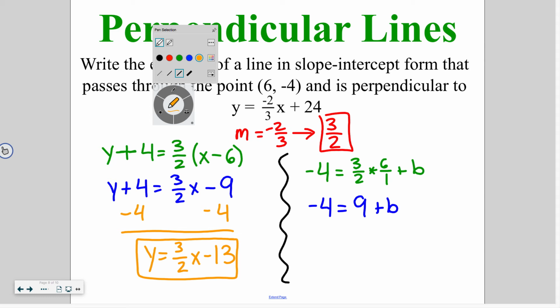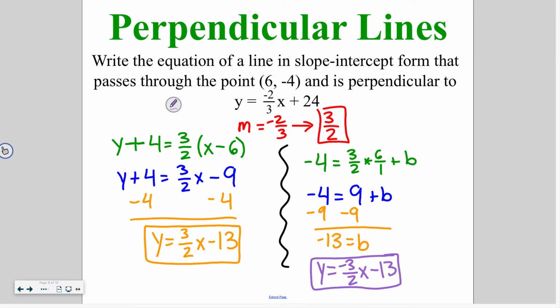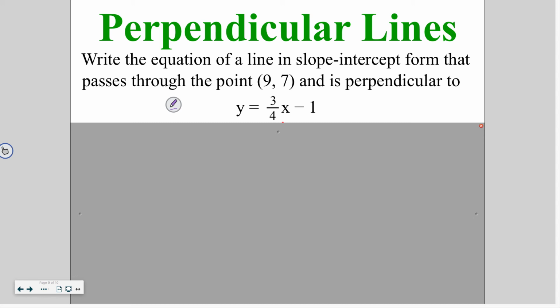Subtracting 9 from both sides, I'm going to end up with negative 13 is equal to b, giving me, again, a final answer of y is equal to 3/2 x minus 13. So again, we end up with the same equation, no matter which format we use, and we see that our slope is 3/2, which is the opposite reciprocal of negative 2/3. Go ahead and try this one on your own.